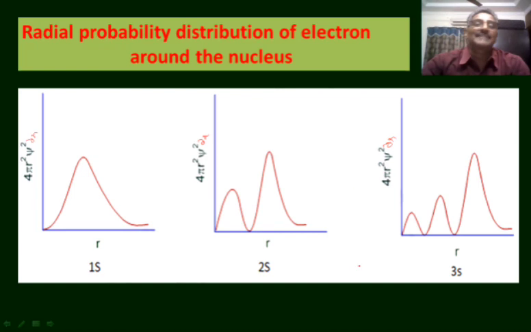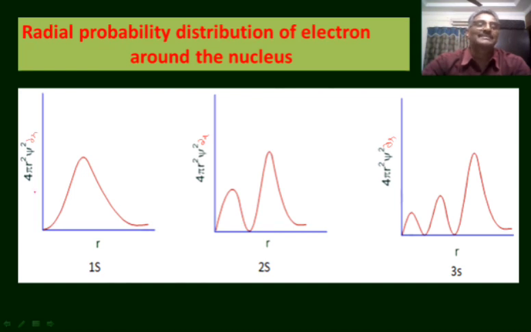This represents an infinitesimally small region around the nucleus at a certain distance. This 4 pi r square psi square dr represents the radial probability of finding the electron around the nucleus.